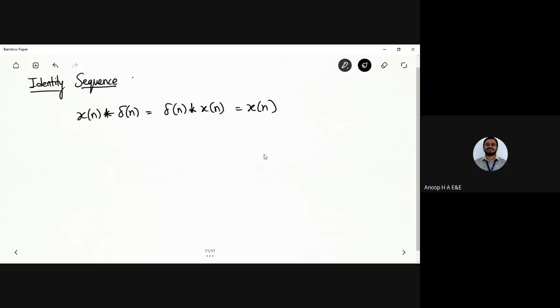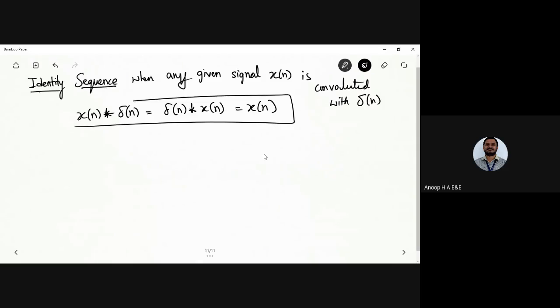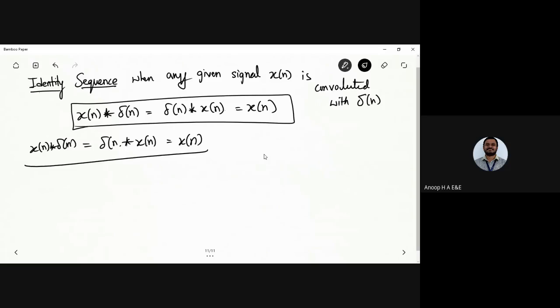So for the identity sequence, when any given signal x of n is convoluted with delta of n, you are going to have x of n itself. So x of n convoluted with delta of n would be equal to delta of n convoluted with x of n, which is equal to x of n again.